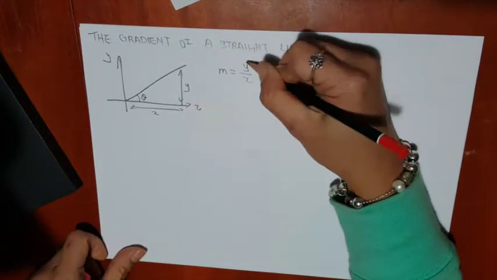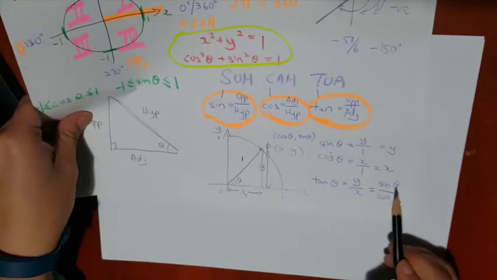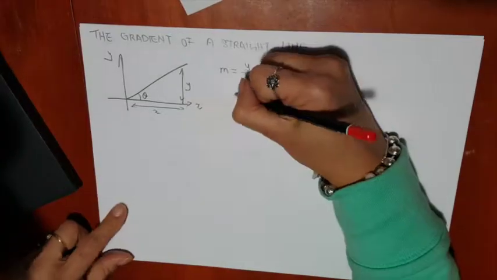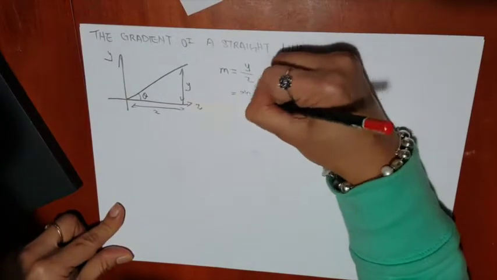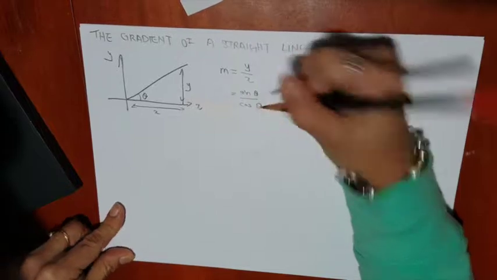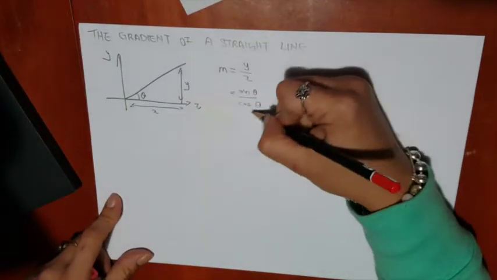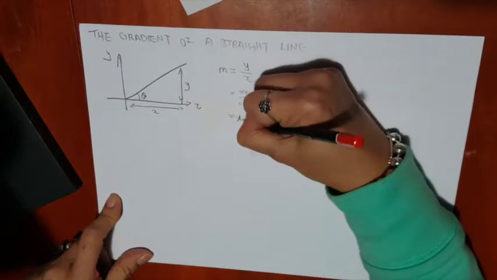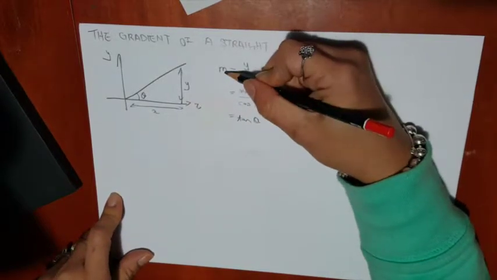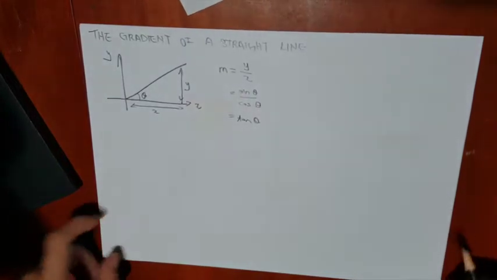And we know that y over x is sine theta over cos theta. So let's just copy this here, equals sine theta over cos theta. So now that we know this, we know that sine theta over cos theta is also tangent theta. So the gradient in this case is tangent theta.